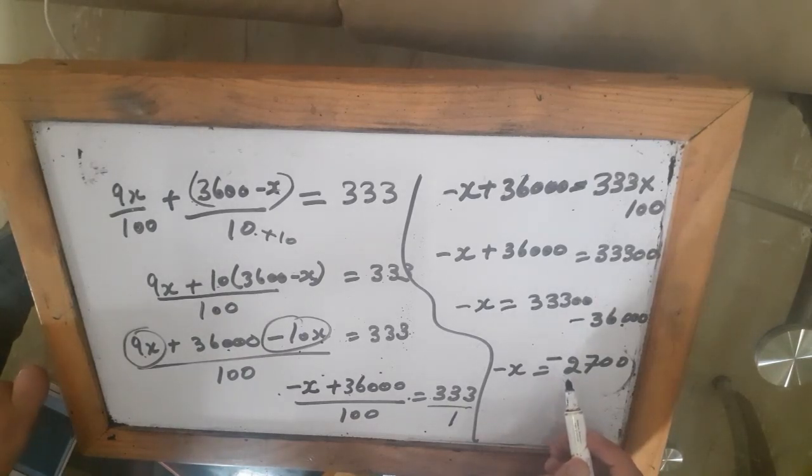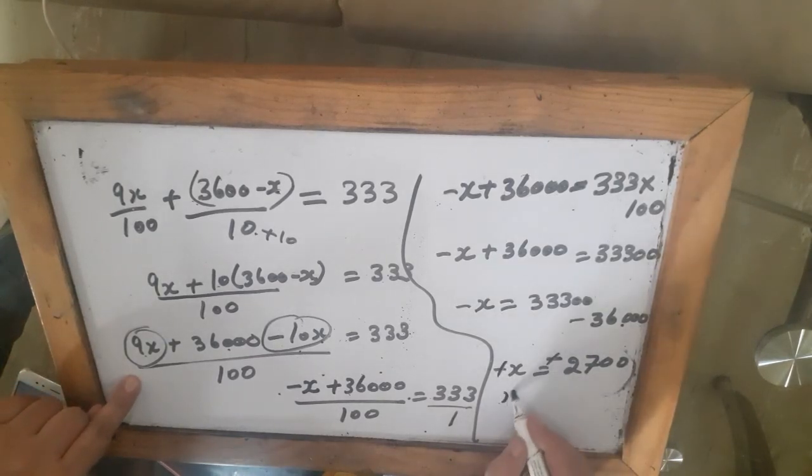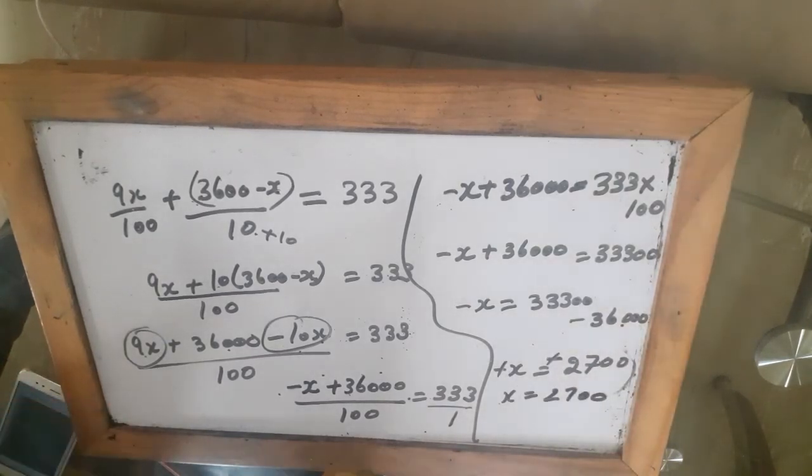So minus and minus get cancelled, and x ka value is 2700.